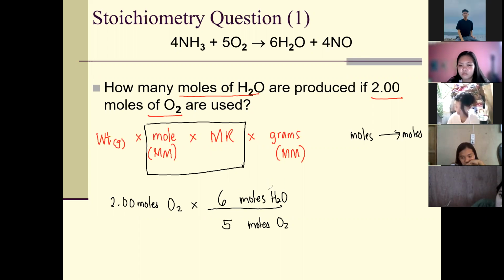While for water, it should be 6. So that's it. You cancel this, and you will get moles of water. So this is 2 times 6 divided by 5 is 2.4. That's 2.4 moles of water.